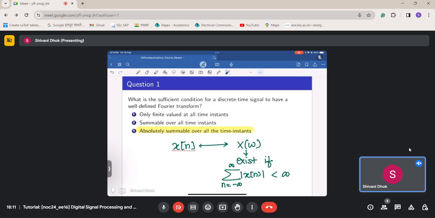One thing we need to note is that this is absolute summation and not simply summation. This absolute part is important. This comes from boundedness and other things.